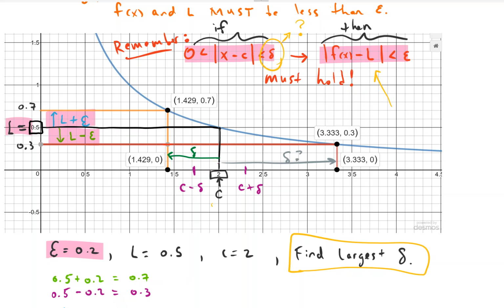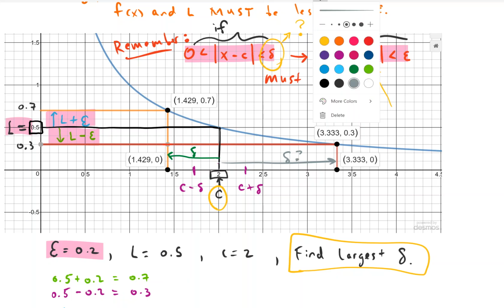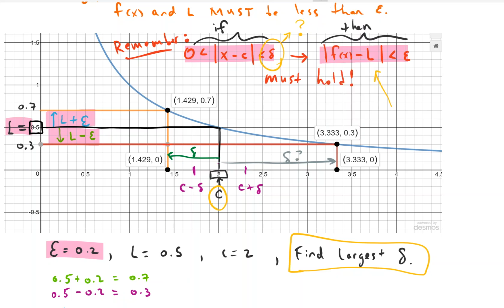The c value is right here. So if I use this gray length on the right as my delta, that means my interval would go all the way out to here about, and that wouldn't work.